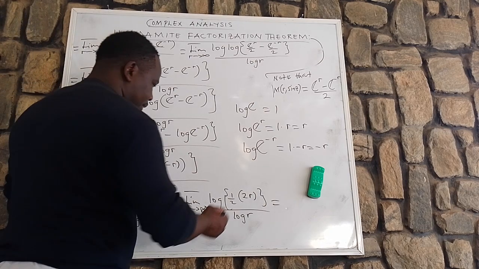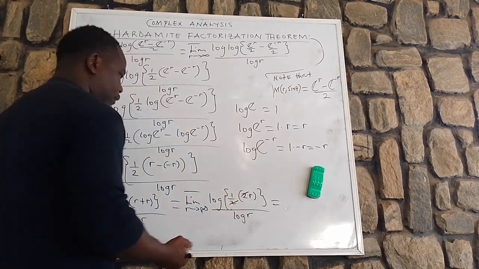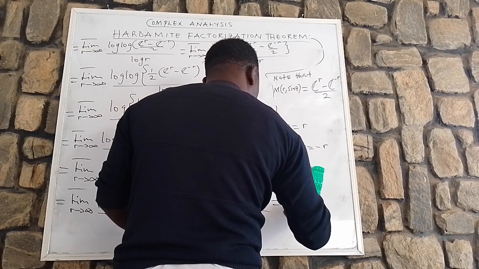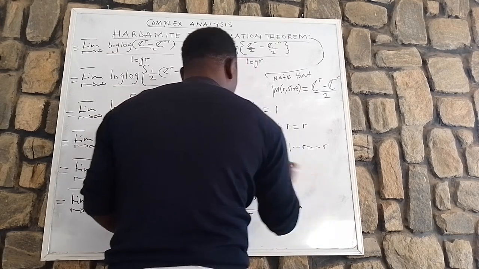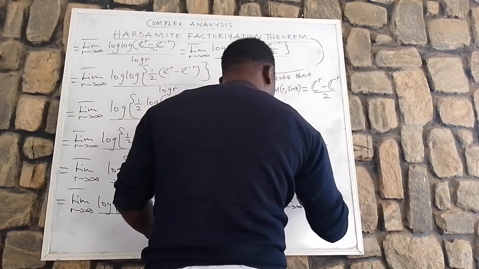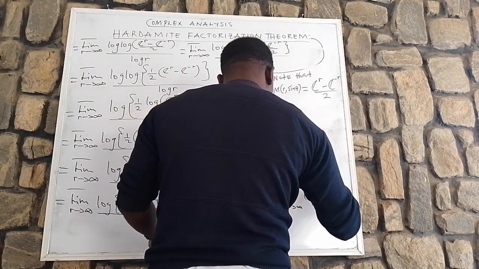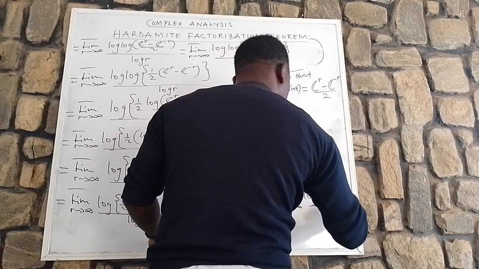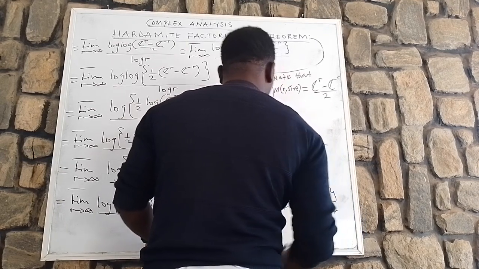If you can see what I am saying, this and this will go, true or false. So the upper limit as R tends to infinity, then we are going to have log of R all over log R.